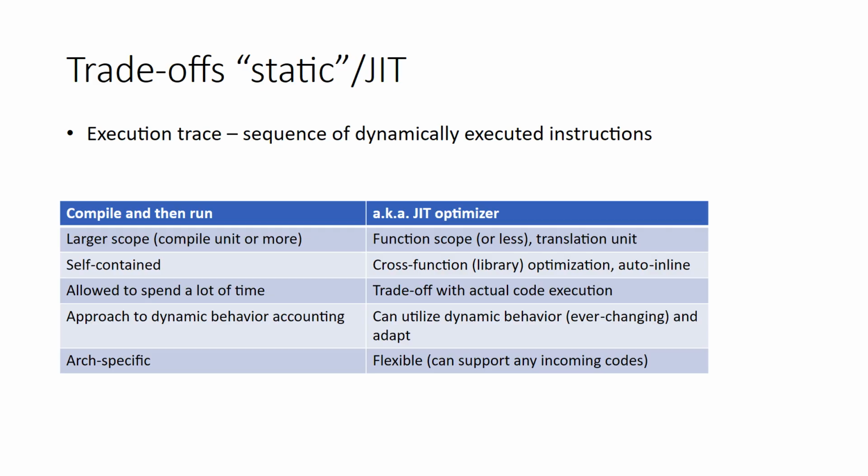And today we're going to discuss the trade-offs between static and dynamic translation or just-in-time translation, and see which one has the benefits over another in which cases. What are the trade-offs between static compilers and just-in-time compilers, optimizers?